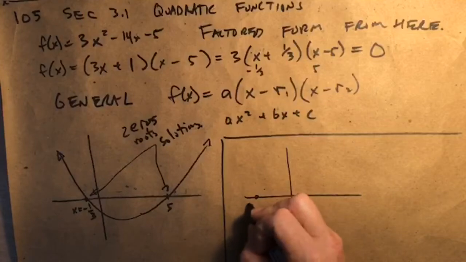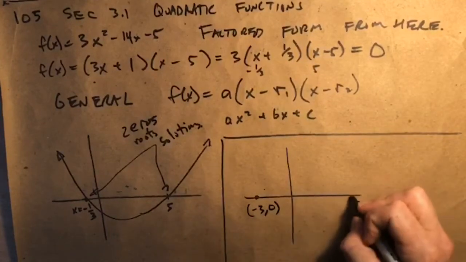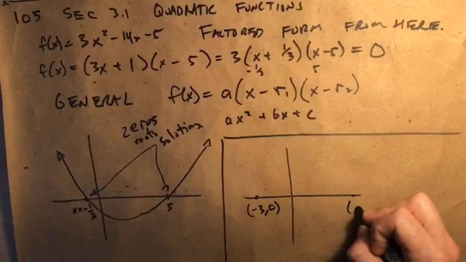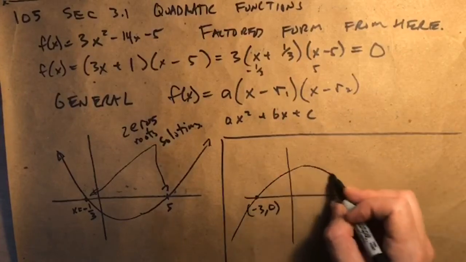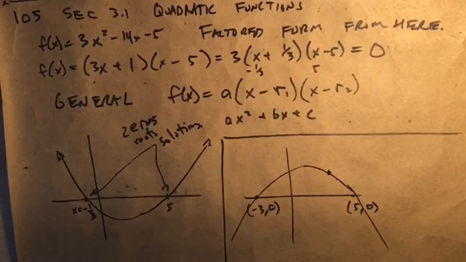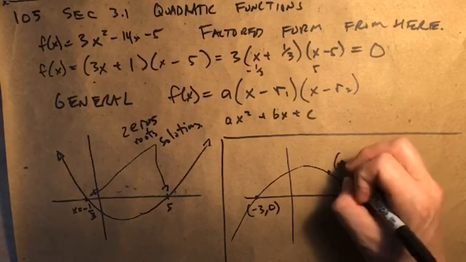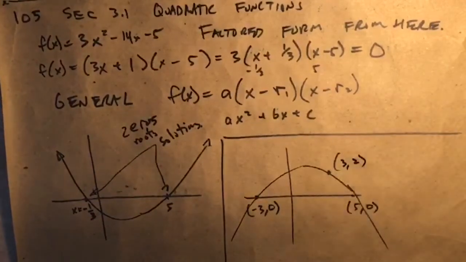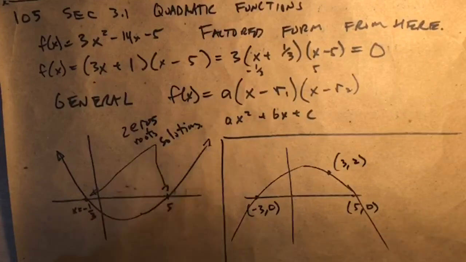Suppose I have a root at, say, (-3, 0), and one at (5, 0), and let's go something like this. And suppose I gave you some other point, and maybe that point will be (3, 2).